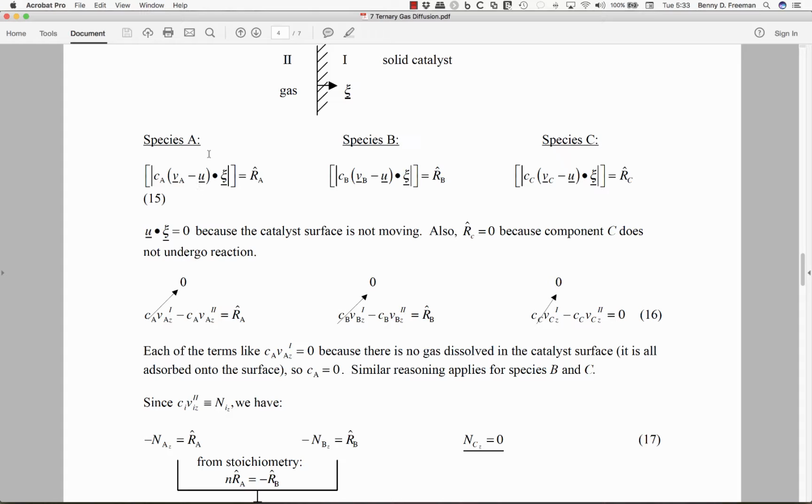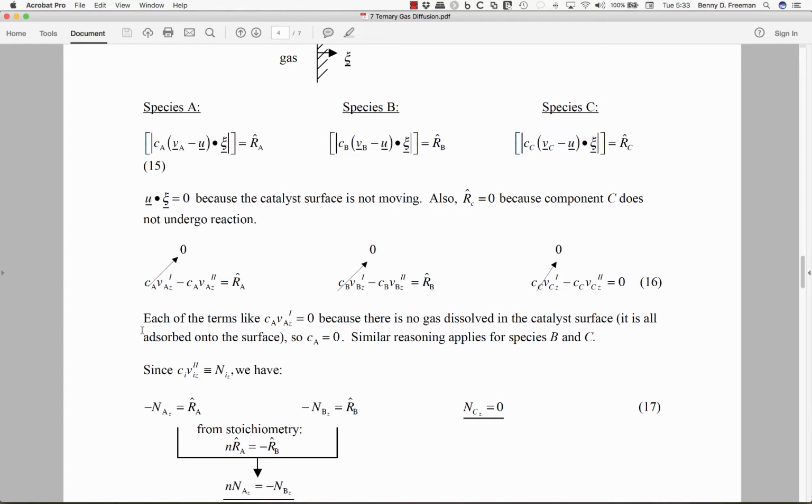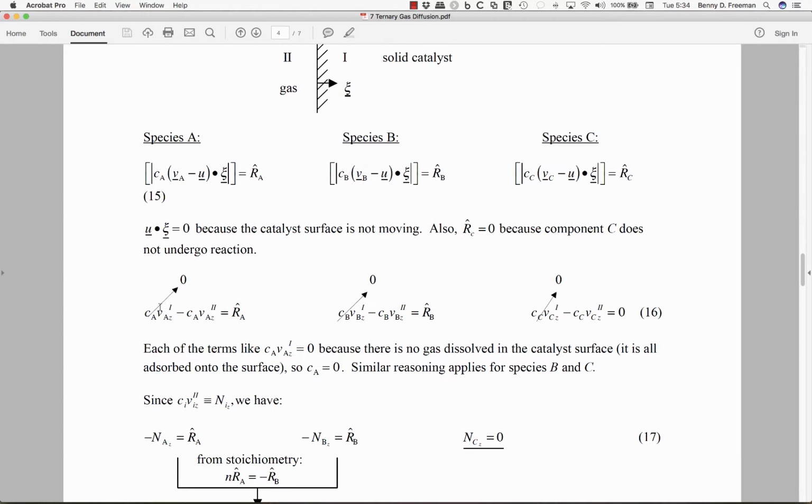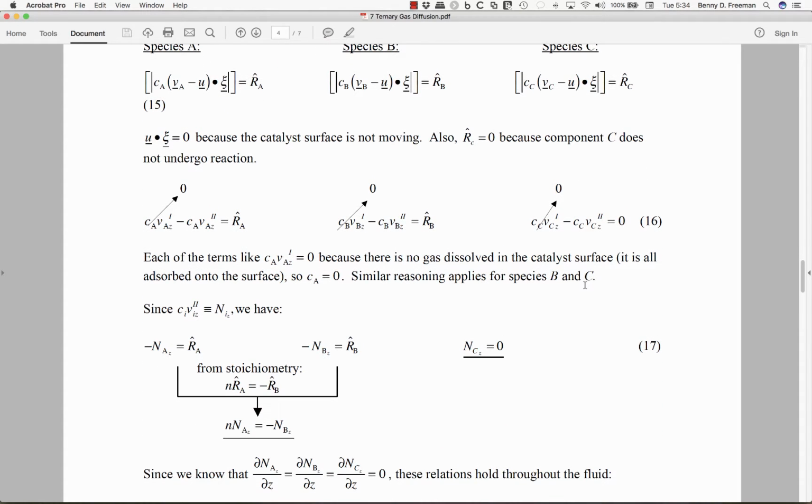The interface is not moving, and so the terms involving the interfacial velocity u are all equal to 0. Component C does not undergo chemical reaction, so its reaction rate term is 0 at the surface. There's no gas of any species dissolved in the catalytic surface, which would be in phase 1 of the picture shown here. So those concentrations of A, B, and C are equal to 0.